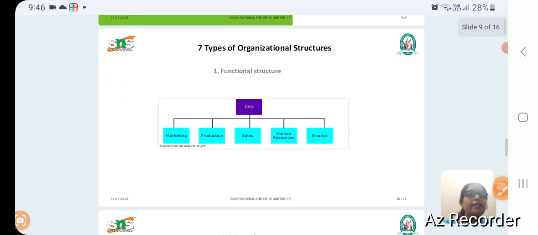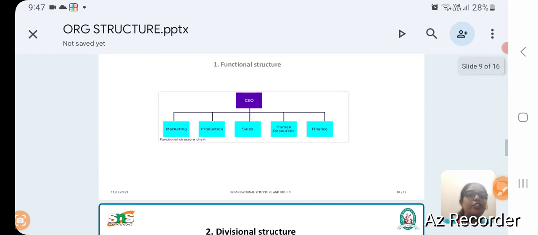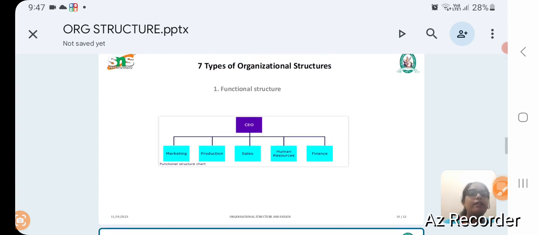So seven types of organization structures are there. First is functional structure. This is the basic structure that groups employees in different departments by work specialization. Like we see here, marketing, production, sales, human resources, finance, these are all the departments by work specialization. A common head, the CEO, is there.